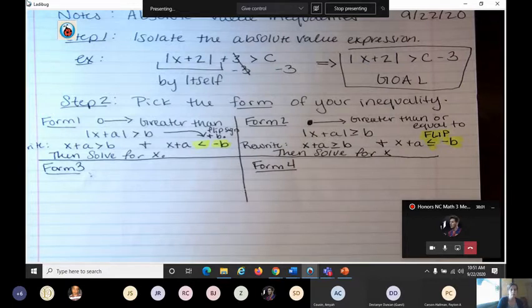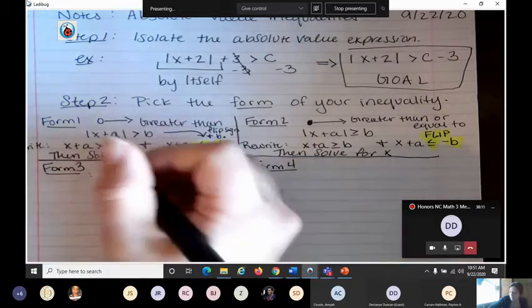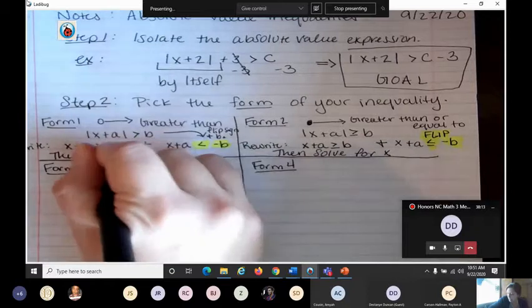Okay, if there are no questions on form 2, we're going to move on to form 3. Form 3 is strictly less than.